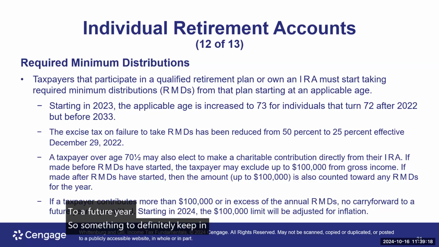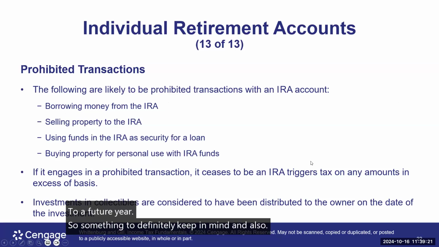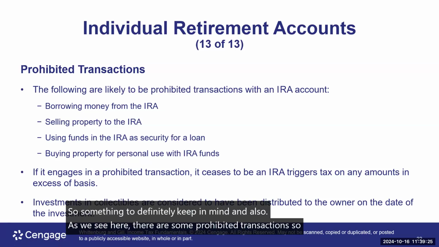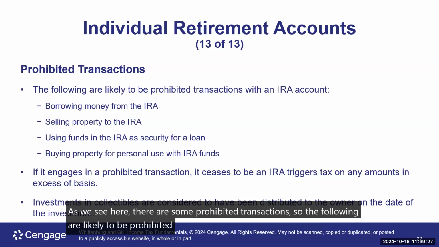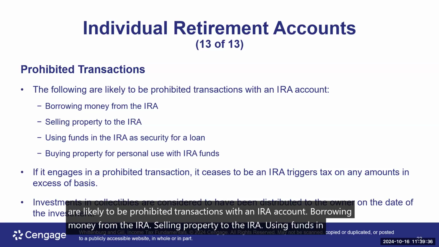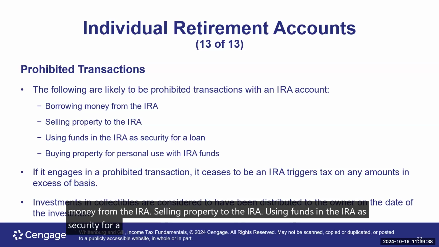Also, as we see here, there are some prohibited transactions. The following are likely to be prohibited transactions with an IRA account: borrowing money from the IRA, selling property to the IRA, using funds in the IRA as security for a loan, buying property for personal use with IRA funds.